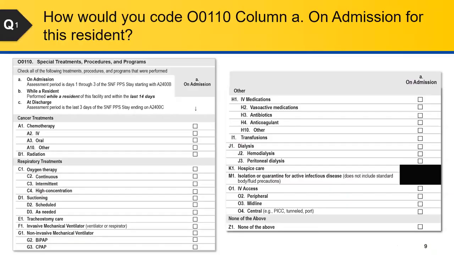So now how would you code O0110 column A on admission for this resident? I'll give you some time to consider this item.